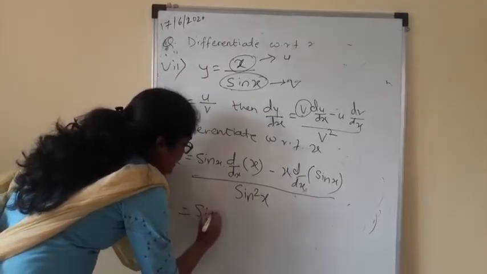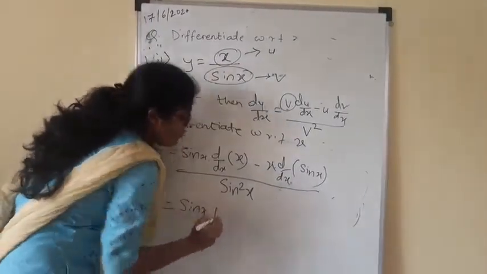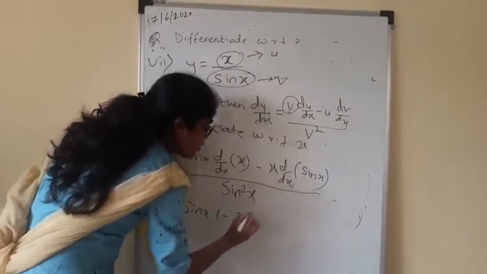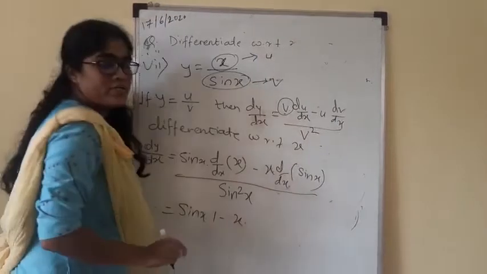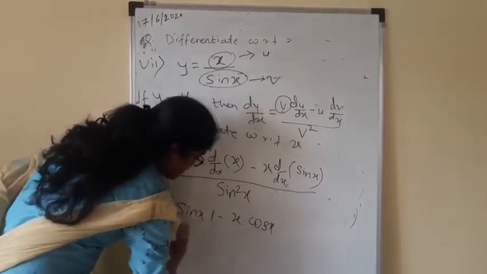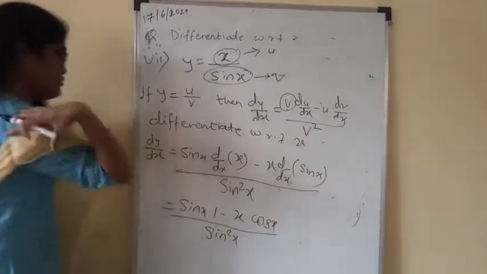So sin x as it is, the derivative of x is 1, minus this x as it is, the derivative of sin x. What is the derivative of sin x? It is cos x, divided by sin square x.